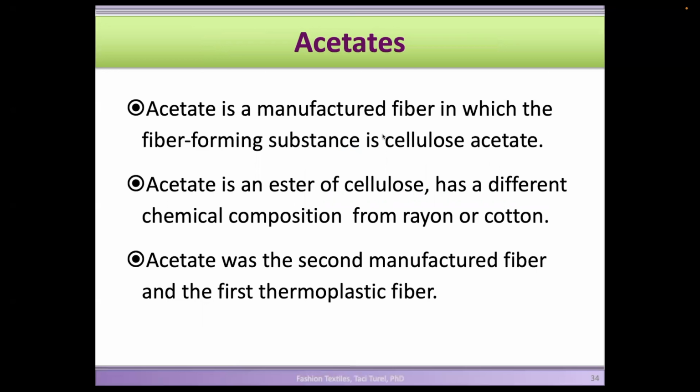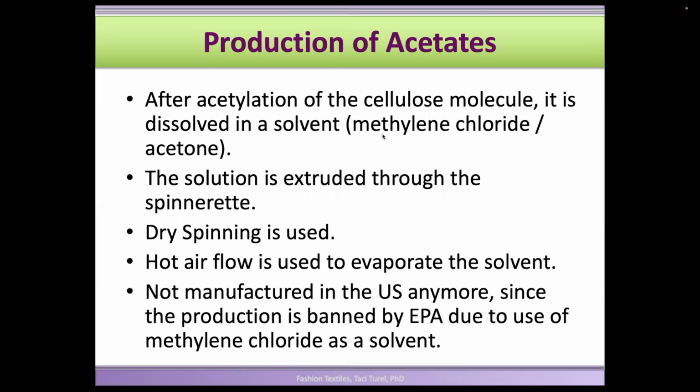Acetate was the second manufactured fiber, and it's also the first thermoplastic fiber. So when I say thermoplastic, that means acetate is the kind of fiber that melts when you put heat on it. So when you're ironing acetate, you have to be careful. If you use too much heat, it will melt the fabric. Rayon and lyocell don't have that because they're not thermoplastic.